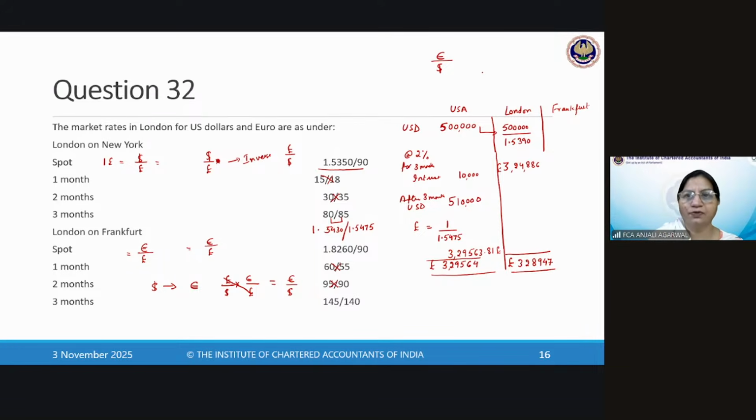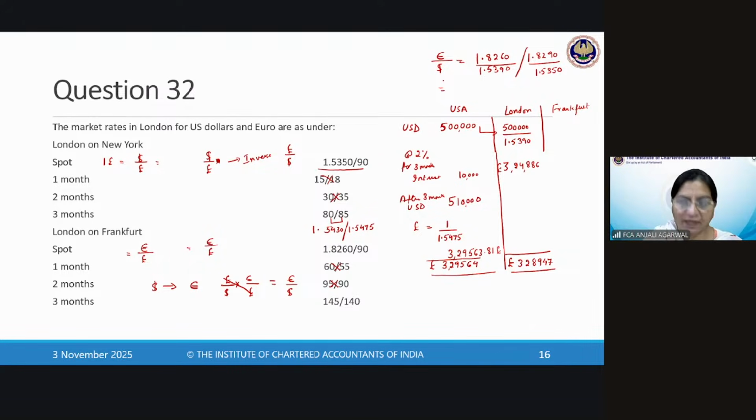So in the spot market, first I will inverse this and use this directly. So euro to pound becomes bid and ask 1.8260 divided by 1.5390 oblique 1.8290 divided by 1.5350. Okay, I have inversed this, so this ask will be used as bid.